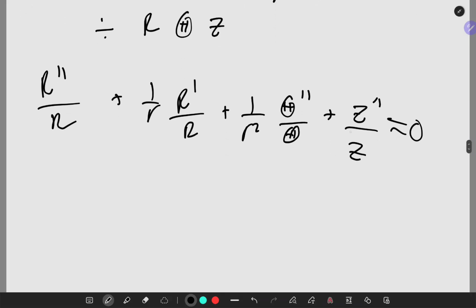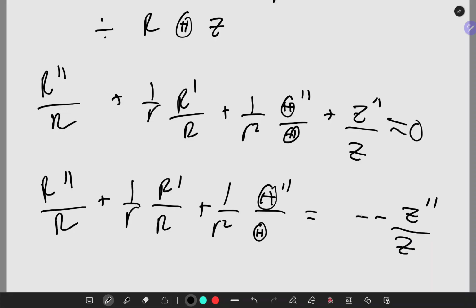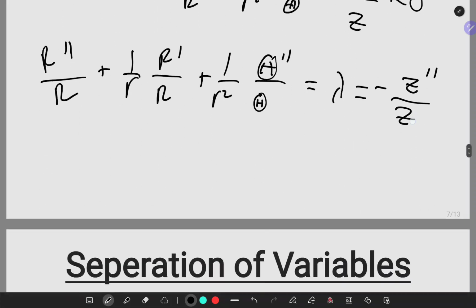Right, so for the first one, we can look at the Z one first, why not? Minus Z double prime over Z, and we'll set the first separation constant as lambda.